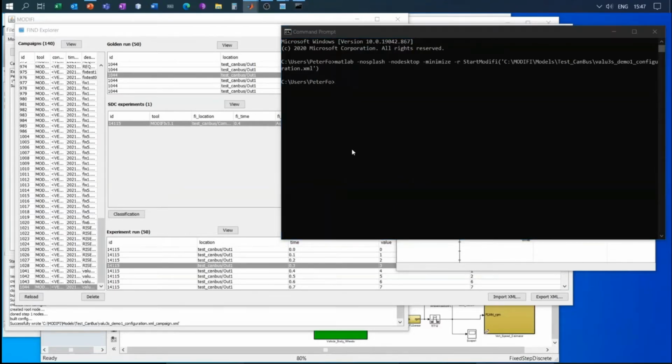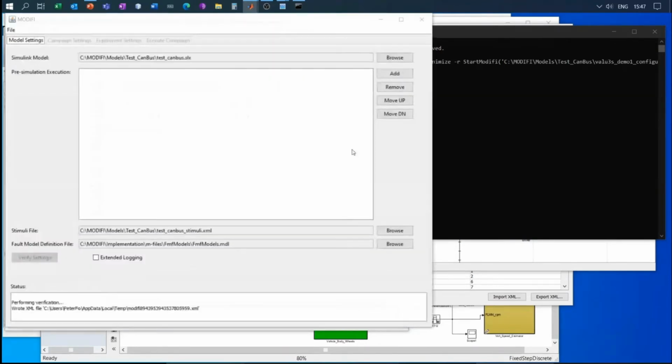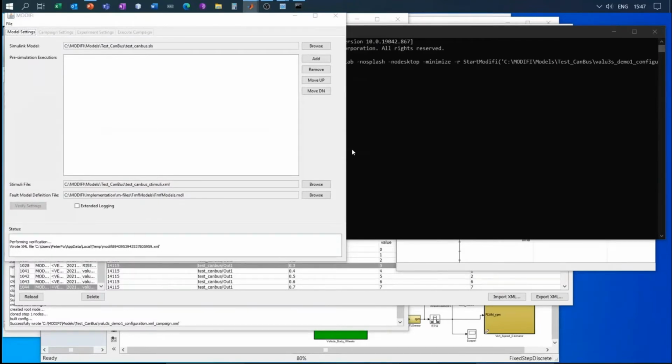And we can use that configuration we just saved. So now it will perform the same experiment, but in the background. So it launches the tool, does the checks, stores the golden run, and then immediately executes the experiments.